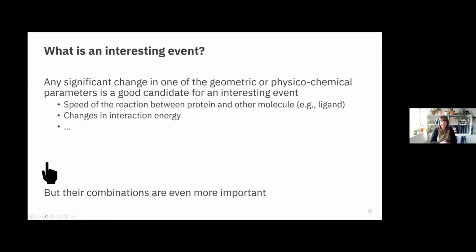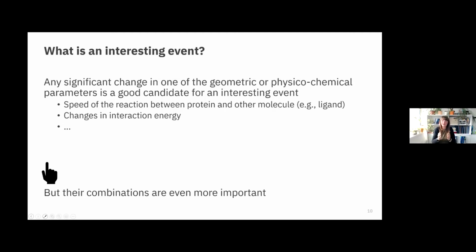And one important thing is the combination of these parameters, which is super interesting and important, because if you imagine that you have a dozen of these parameters, and each of them has some peaks in their representations. And if we just sum this together, then we can see many peaks in the MD simulation.